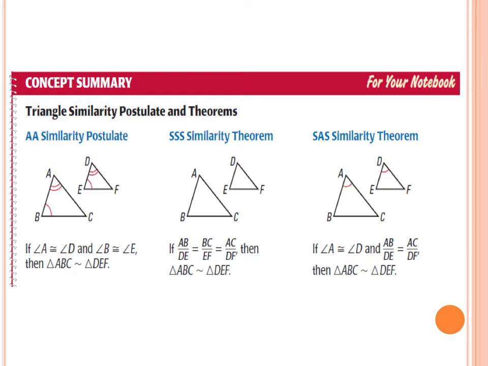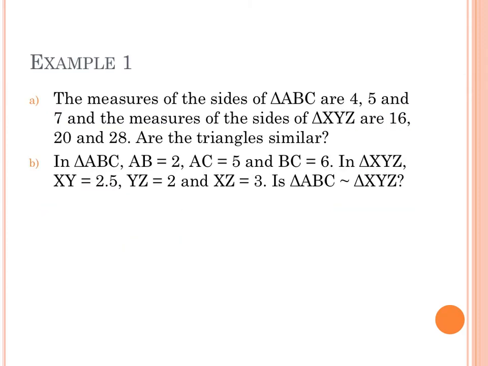Let's try some examples. Example 1 has two parts to it. It says the measures of the sides of ABC. So I'm just going to draw two triangles. My triangles are not drawn to scale. I'm going to label them ABC and XYZ.